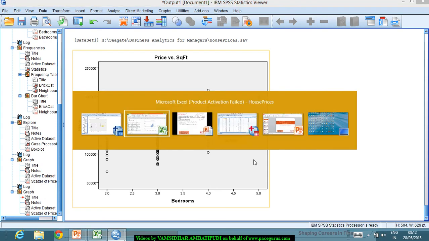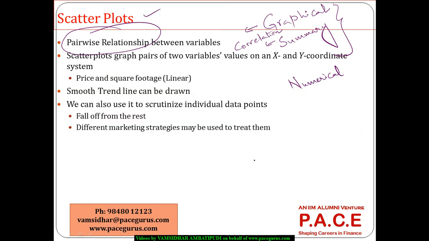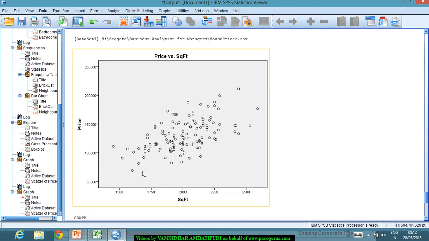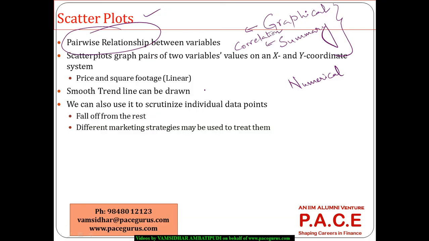So it's always advised not to do the correlation analysis or the scatter plot when there are discrete values. Between two scale variables it is very comfortable, just like this, which is easier to interpret. There is a positive relationship between the square feet and the price: as the square feet increases, the price also increases, and vice versa.